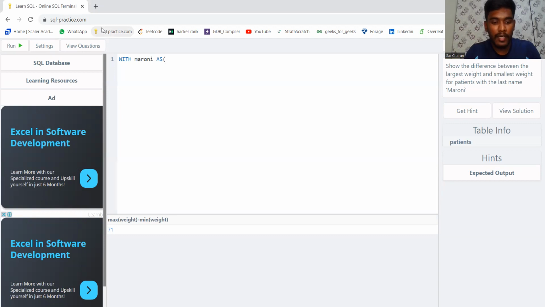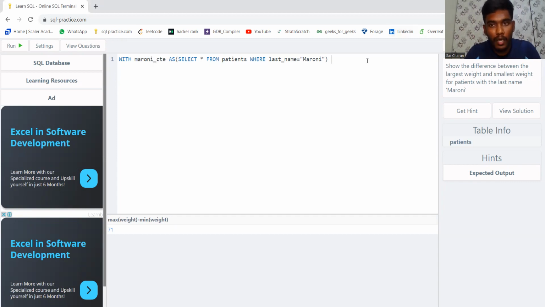Select star, selecting all the columns from the patients table where last name is equals to Meroni. So in my Meroni CTE, I have only information about the patients who have last name Meroni. This is the only information in this CTE.